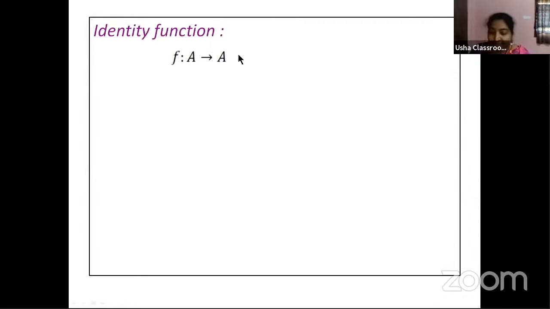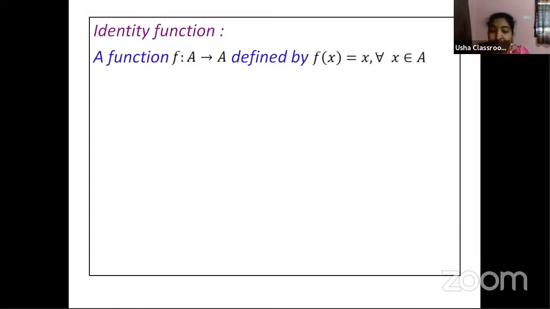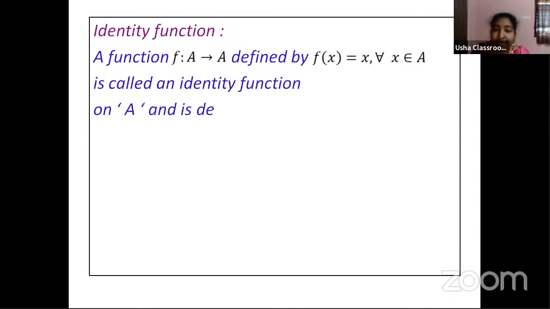Please observe this. A function f from A to A defined by f of x is equal to x for all x belonging to A is called an identity function. And the identity function is on A. It is denoted with I_A. Now, what exactly is this?